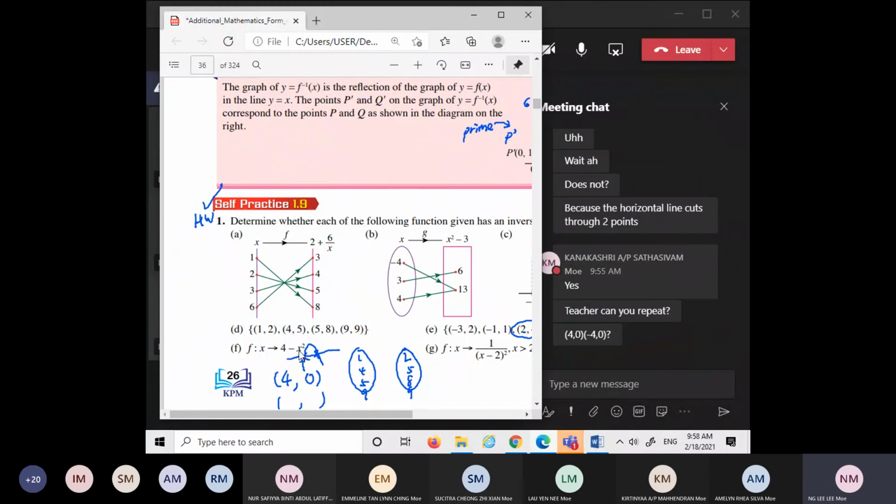When this is 4, but this is not 0. 4 squared is 16. So 4 minus 16 is negative. Change your answer. 4 minus 16 is not 0. Unless you change your object. Not correct, right? Either you change your object, if not you change your image.